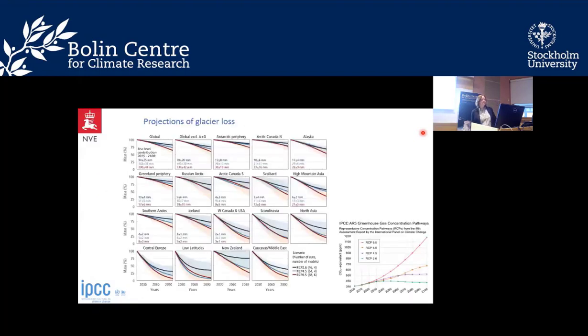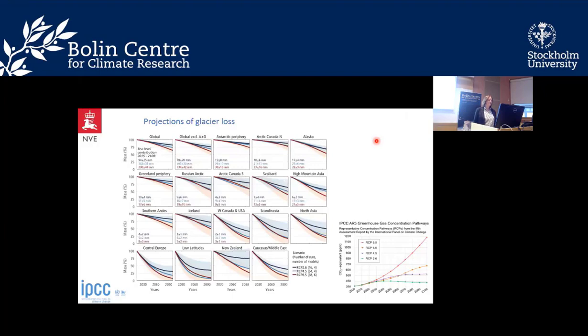Looking at each individual region, then, projections of glacier loss. This is the global average here, excluding Antarctica and Greenland, because they're sort of special cases. Just looking at individual areas, this is looking at 3 different scenarios: 2.6, low emissions, 4.5, middle, and then the high emission scenario.